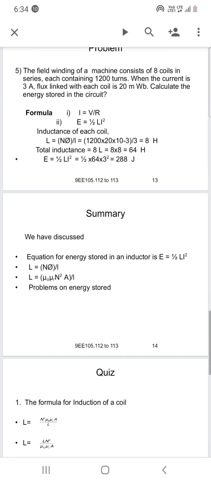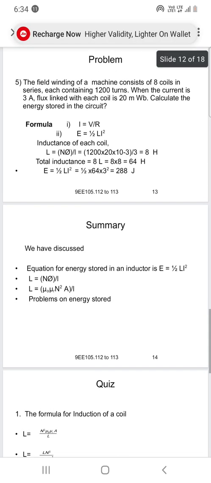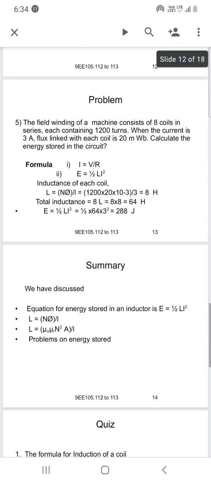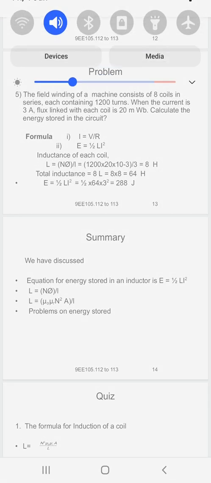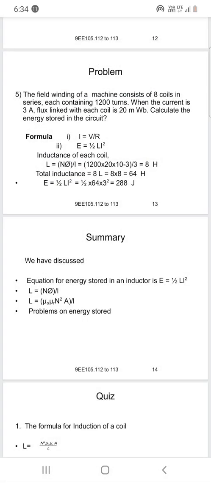So here, once again, we have to read the problem. The field winding of the machine has 8 coils in series. Each winding contains 1200 turns.